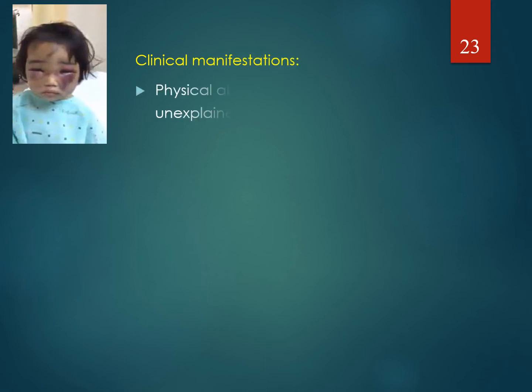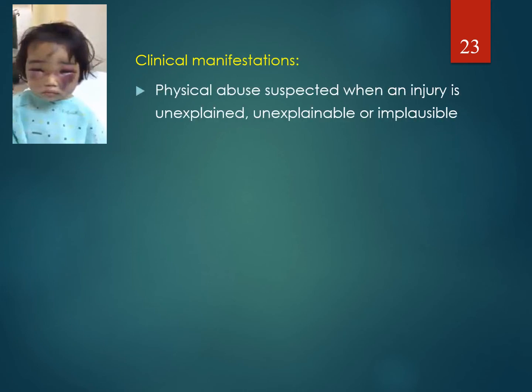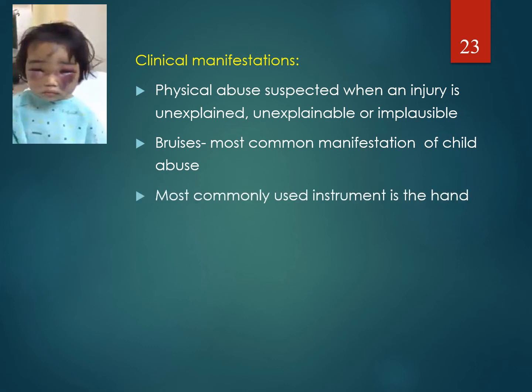So what are the clinical manifestations? Physical abuse is suspected when an injury is unexplained, so it doesn't match what the history tells you. Okay, so these are unexplainable or even implausible. Mostly, bruises are the most common manifestation of child abuse.